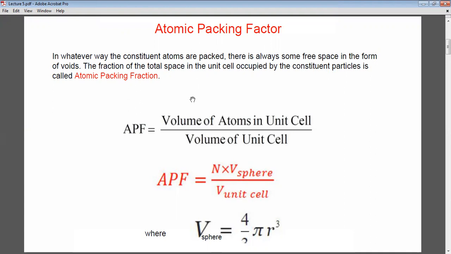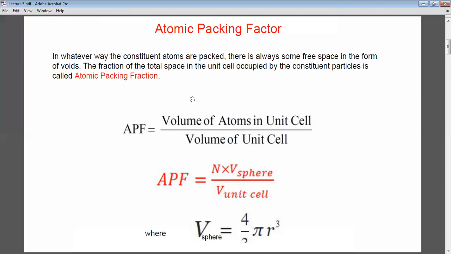Imagine you have a box and imagine you have spheres that you want to put inside the box. Okay, the atomic packing factor or the atomic packing fraction is the volume of the spheres inside the box divided by the volume of the box.